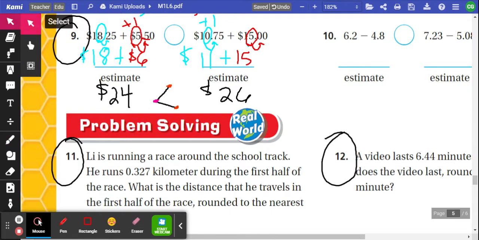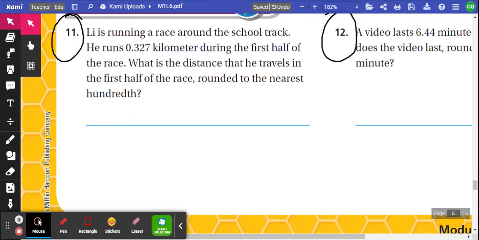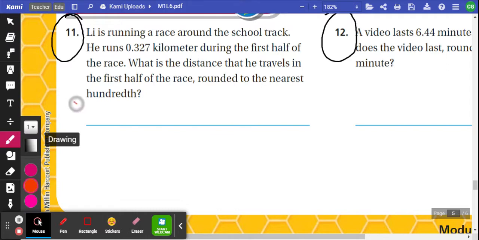You were doing 11 and 12. This is where Lee is running a race around the school track. Now he runs 327,000 kilometers during the first half of the race. What is the distance that he travels in the first half of the race? Round it to the nearest hundredths. Okay, so this is where I'm going.